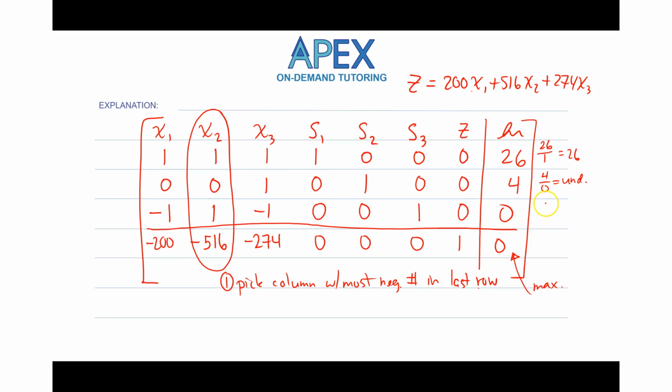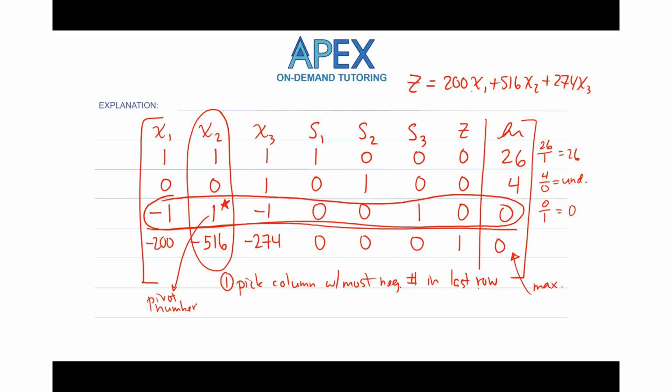And this is going to be 0 over 1, which is 0. We want to have the smallest positive number, and in this case 0 counts, so I'm going to select this row that I'm going to work with, and this number 1 right here becomes what we call my pivot number.